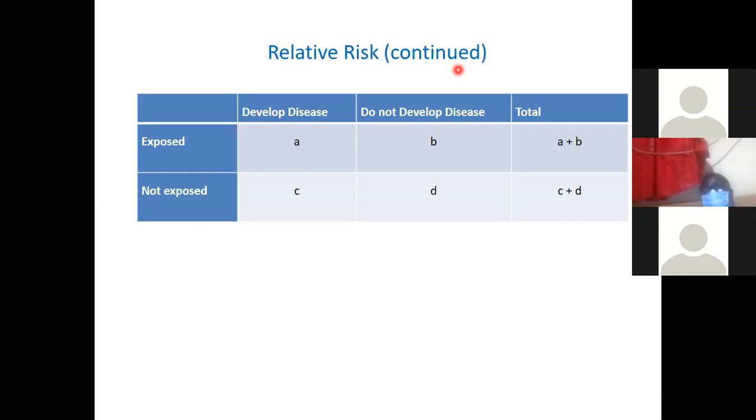Now, in experimental design, the cohort study, which they call longitudinal study, is prospective, so you look forward. For example, if some groups are exposed to a disease and some people are not exposed, you want to compare the risk of the disease between the two.